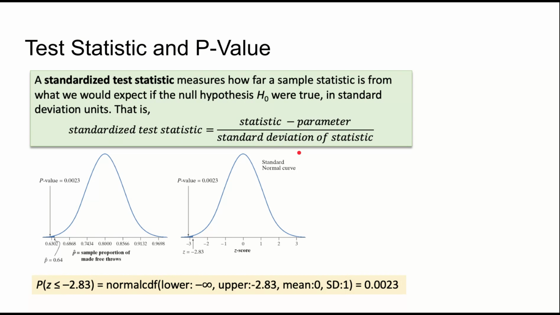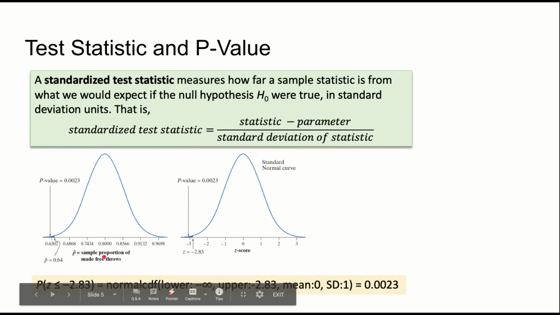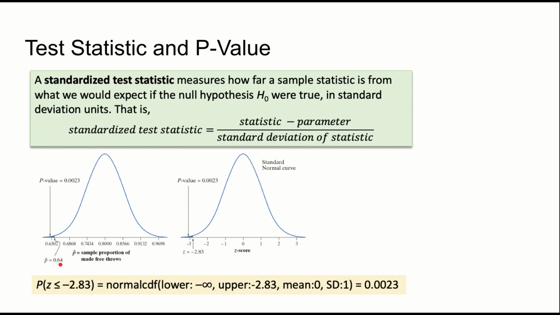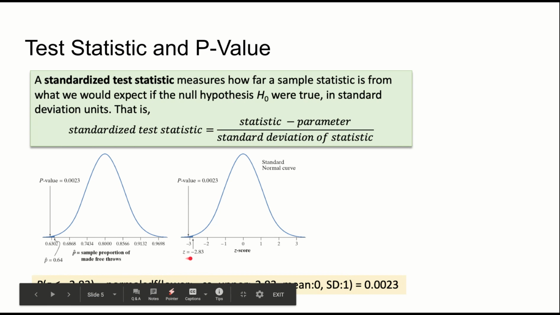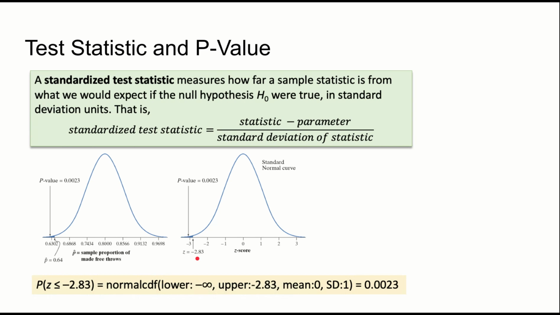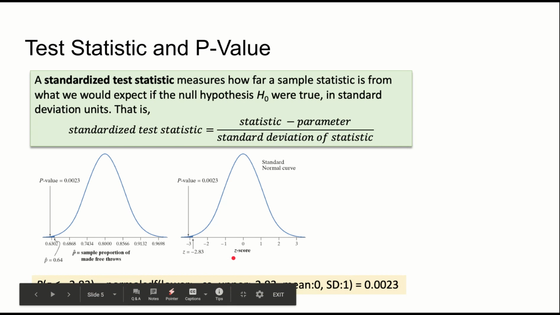And if you notice that that has the same form as a z-score, you're right, that's exactly the same thing as the z-score. So right here, if I had the hypothesis that p equals 0.8 and I had a statistic of p hat equals 0.64, that would translate over here to my test statistic of z equals negative 2.83 on the standard normal curve.